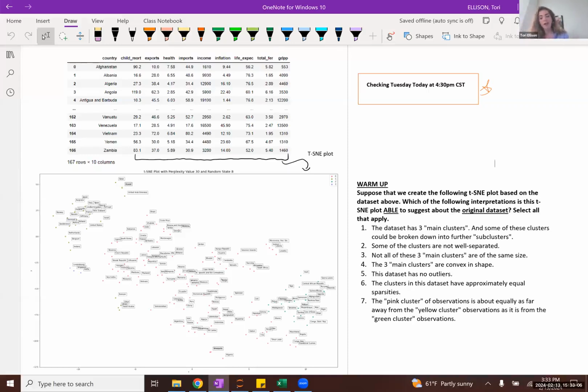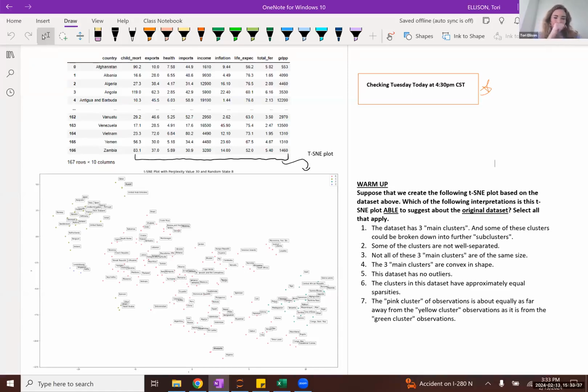And so what we're going to do today is we wrapped up with Unit 4 last week, talking about how we can use t-SNE plots and the t-SNE algorithm to learn more about the clustering structure that exists within a given data set, and to also help build corroborating evidence when it comes to essentially evaluating whether our actual clustering algorithms are really identifying the types of clusters that we're essentially looking for.